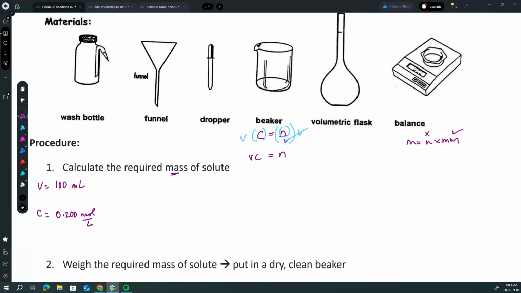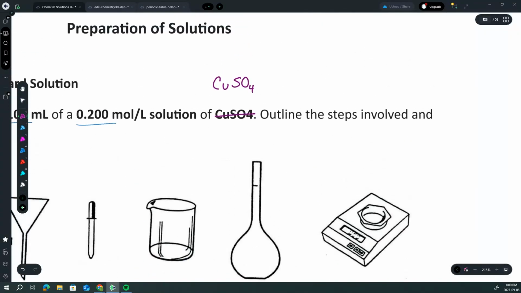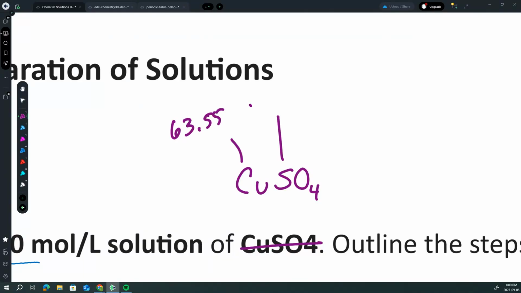Okay, so that's going to be my game plan here. Another thing I need before I get everything started is molar mass, so I'm just going to do that quickly up here. The molar mass for copper is 63.55 grams per mole. The molar mass of sulfur is 32.07.